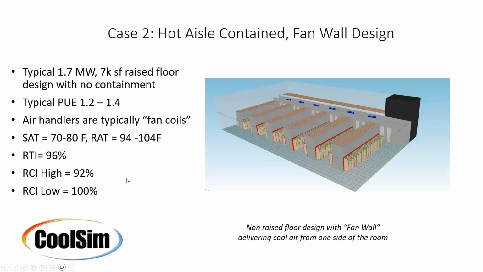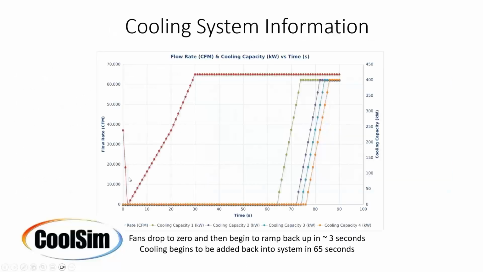But what happens here is that if you lose power, and this came from one of our partners that's in the cooling business, what happens in this particular case at T equals 0 is the fans go to 0, and the cooling system doesn't come back on for 70 seconds.